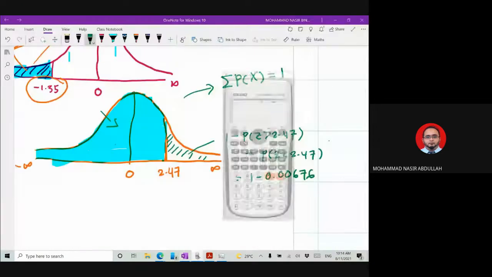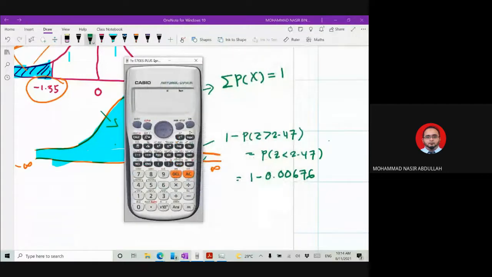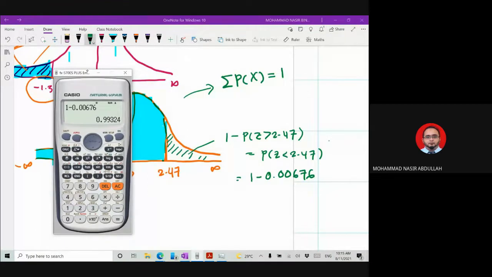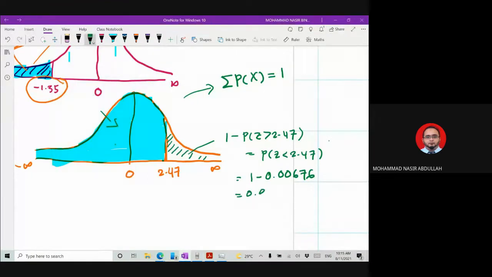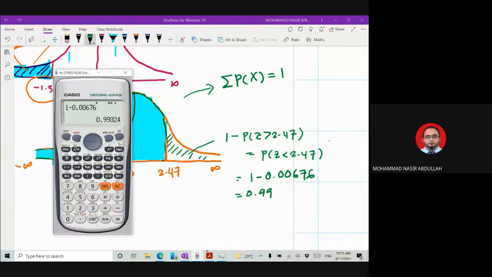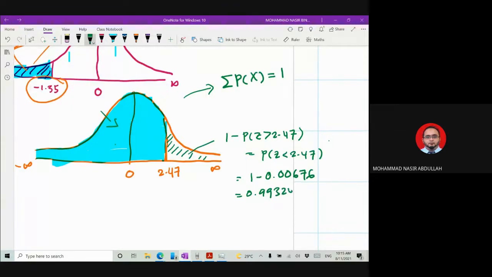Okay. So we take out our calculator. 1 minus 0.00676. So this area will be 0.99324.